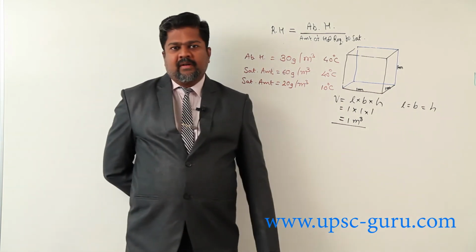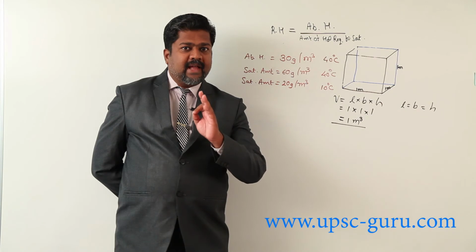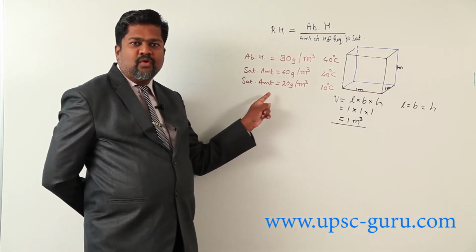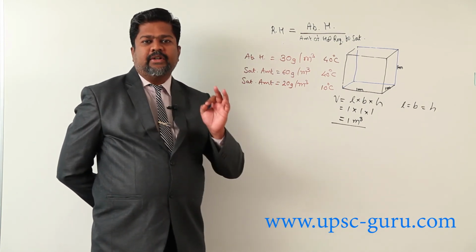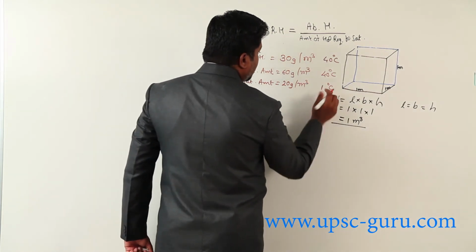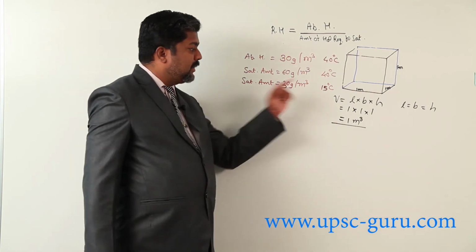I am revising the concept: the temperature at which absolute humidity and the saturation amount of water in air are the same is called the dew point. Suppose at 15 degrees Celsius, the water holding capacity of air is 30 gram per meter cube.